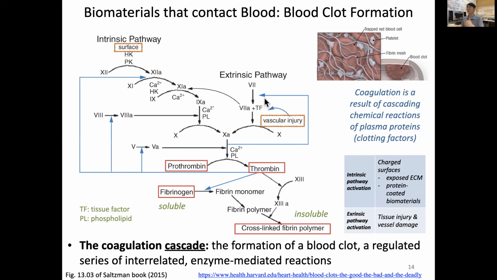So this is a map of the intrinsic pathway and extrinsic pathway. From the charged surface, there is enzymatic activation. You see the small a means activation.